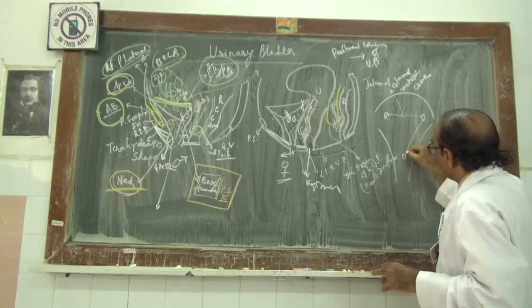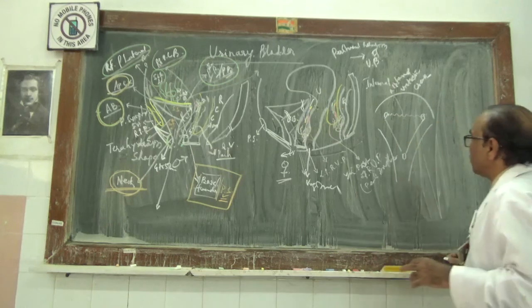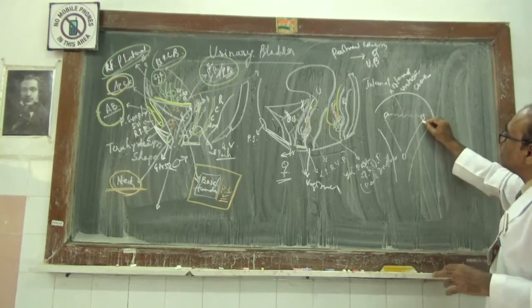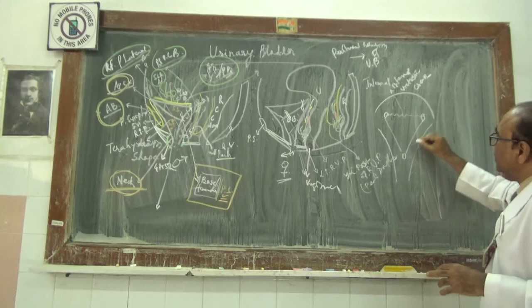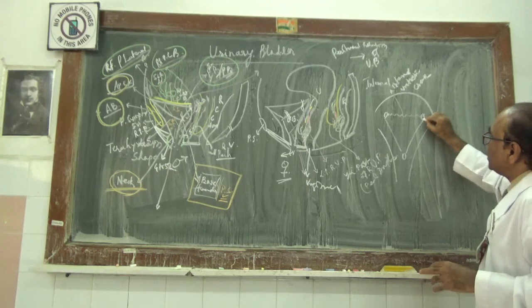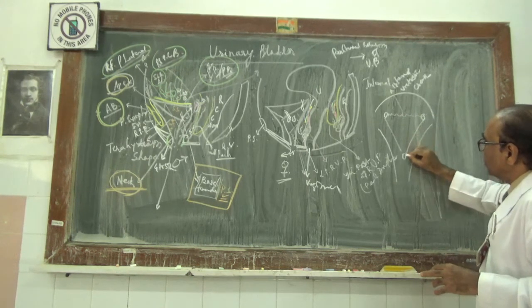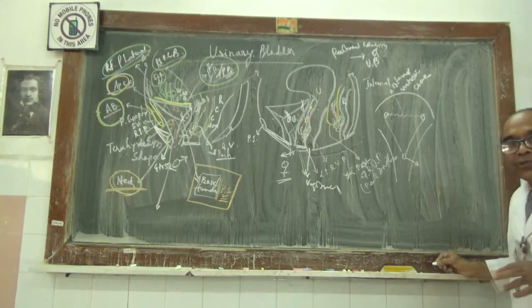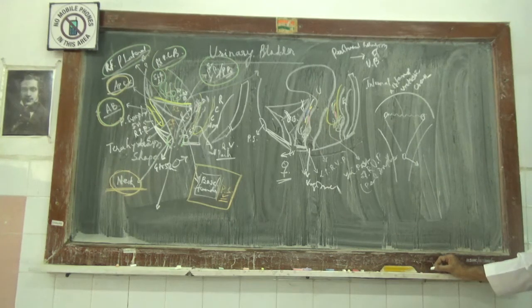Then there will be a line which goes to join on either side. Now this will be the line, one ureteric orifice joining with the neck.